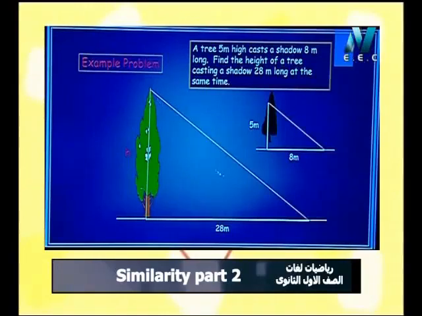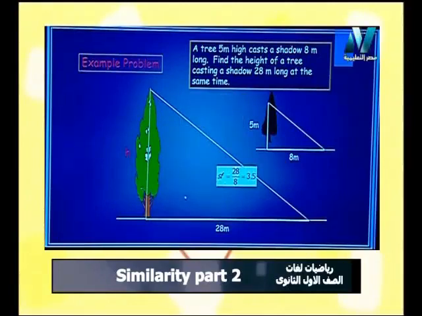We connect the top of the tree with this point and the other one, and explain why the triangles must be similar. These two triangles are similar, but why? Because we have the shadow at the same time, so it's proportional, and this angle is a right angle, equal to this angle, so the two triangles are similar, so the heights are proportional.